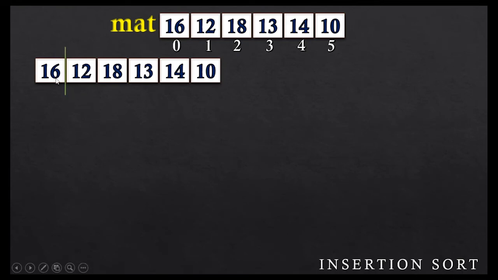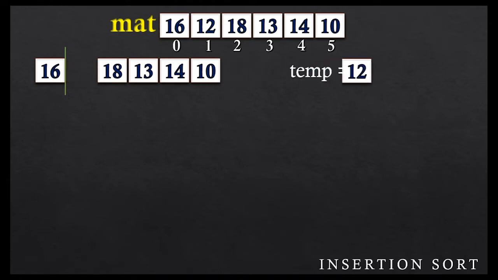That means the left hand side elements are in sorted order and the right hand side elements of this marker are in unsorted order. First we start with index number 1. At index number 1, the element is 12. Now our aim is to place this 12 at its position in the sorted array. So first I shall keep this 12 in a separate variable like temp.